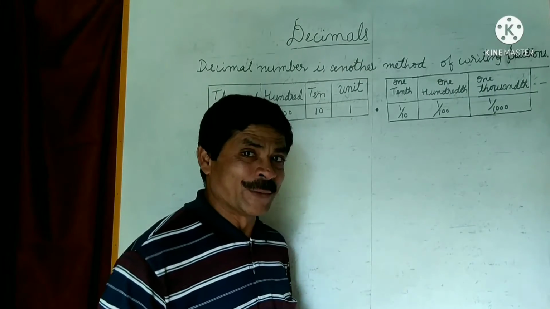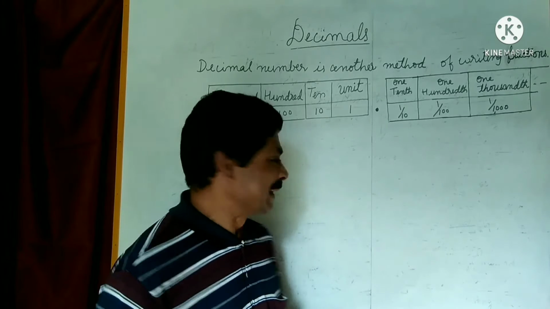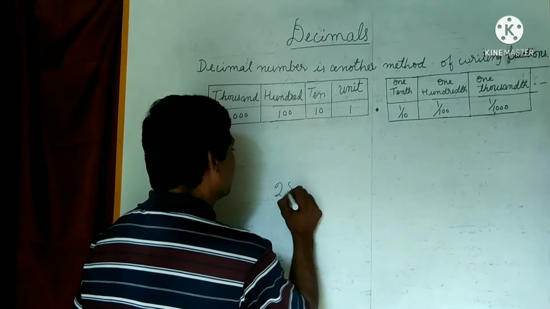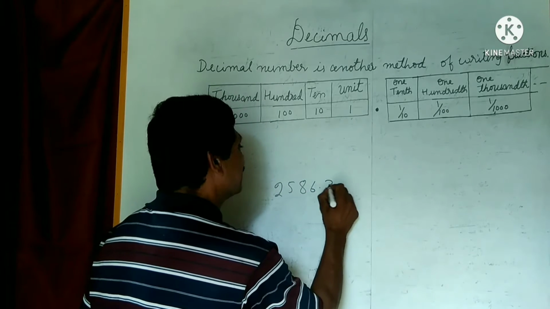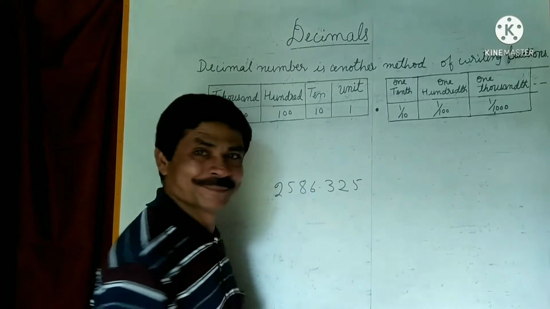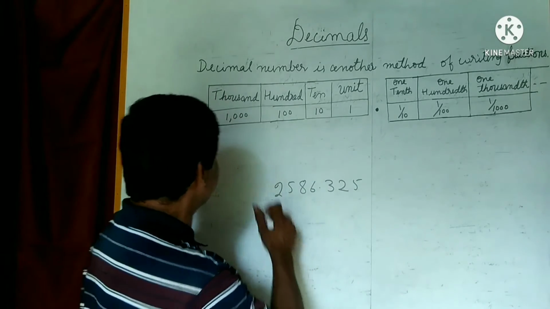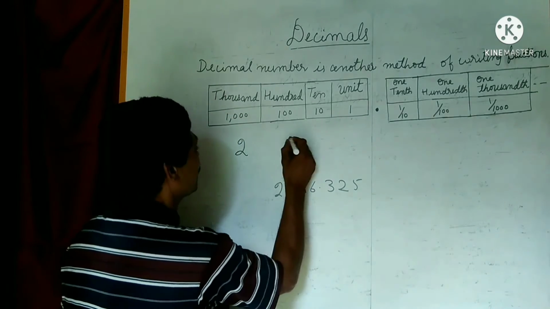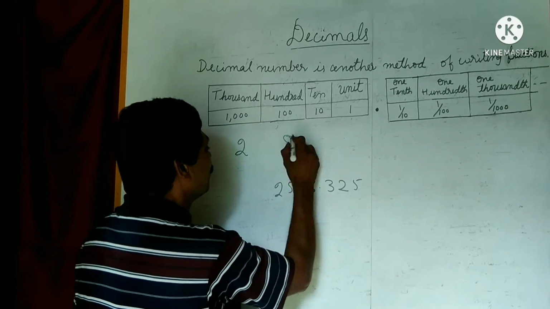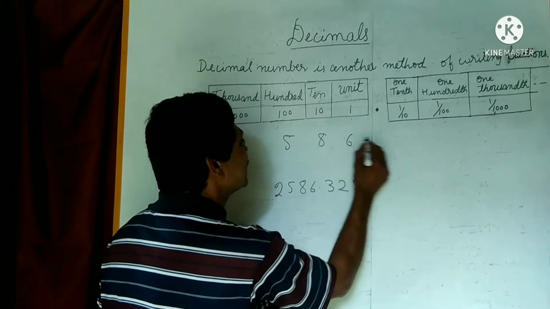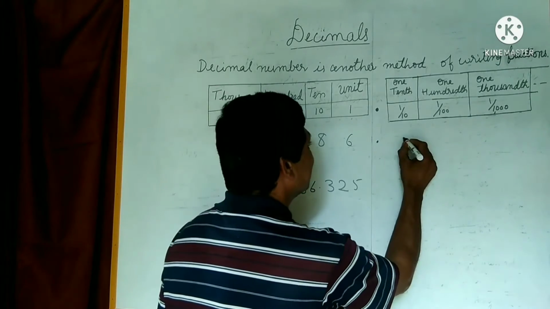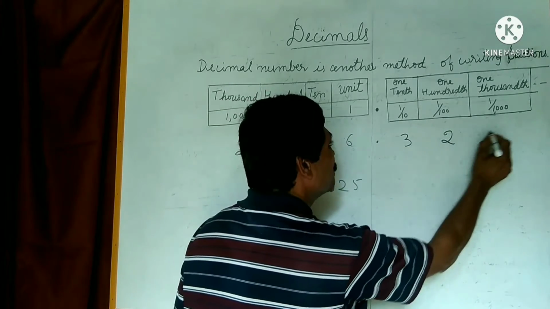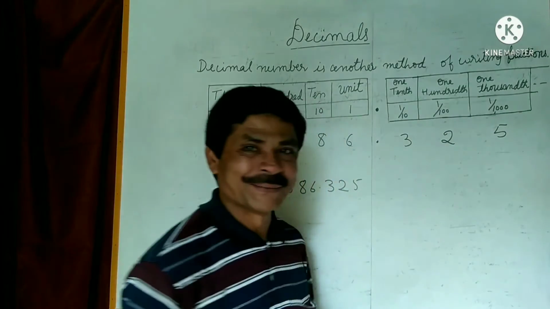Let us represent one number on the place value chart: 2586.325.